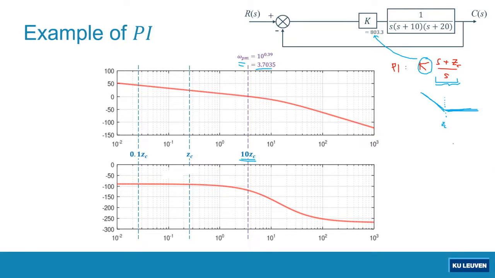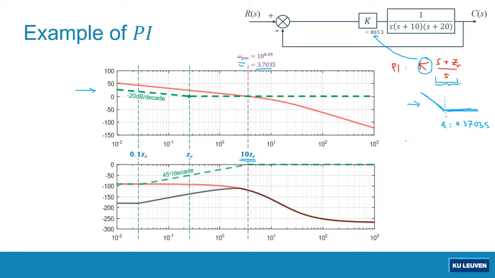Obviously, my ZC then should be equal to 0.37035, right? Again, what I drew here in a green dashed line basically is this magnitude plot. The phase plot of the dynamics of the PI controller will look like this.